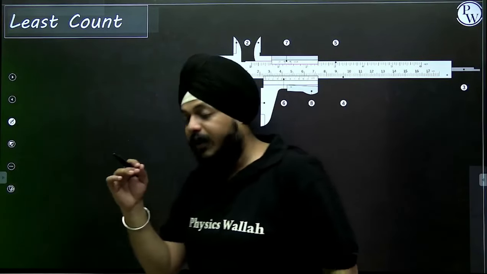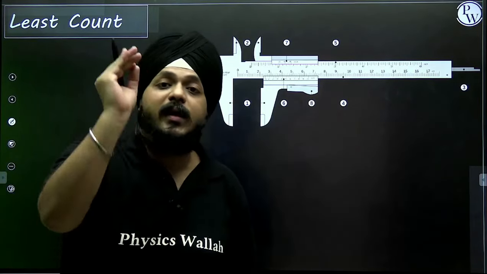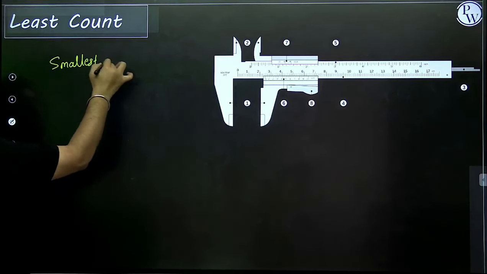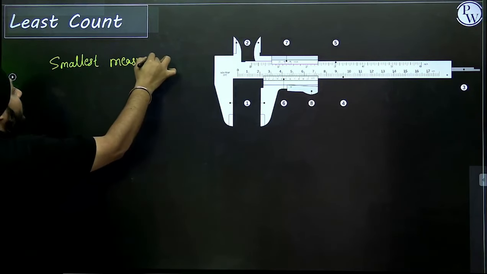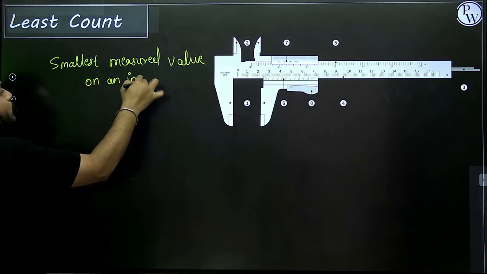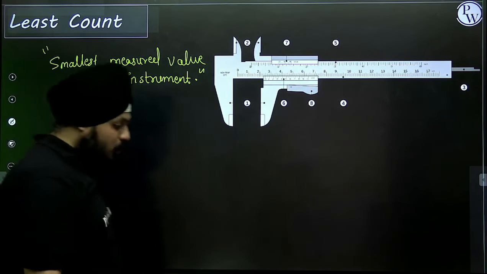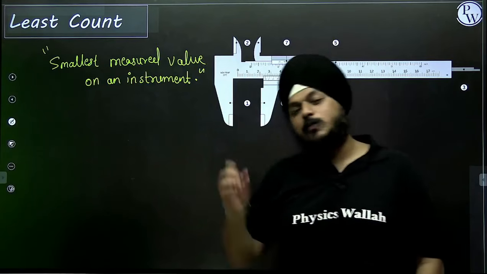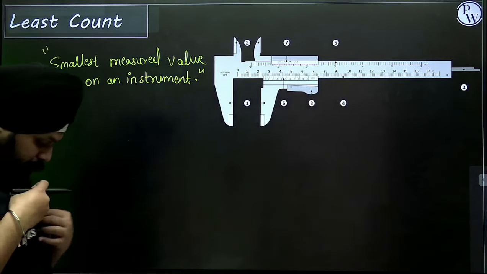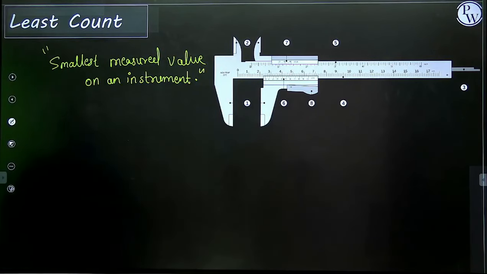See, generally, if I am talking about the least count, it is the smallest measured value on an instrument, not minimum. Smallest, this is the actual definition of a least count. The smallest measured value on an instrument is known as the least count.